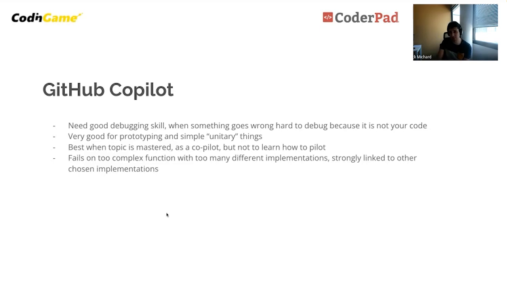It's also best when the topic is mastered, as a co-pilot, but not at all to learn how to pilot, because it's too random and you will lose a lot of time trying to debug it. It also often fails on functions that are too complex, with too many different possible implementations, which are very strongly linked to other chosen implementations and coding style in the other parts. Also, I didn't use TypeScript, for example. I don't really know if the typing would have helped a little bit in choosing the right implementation for a function, maybe.